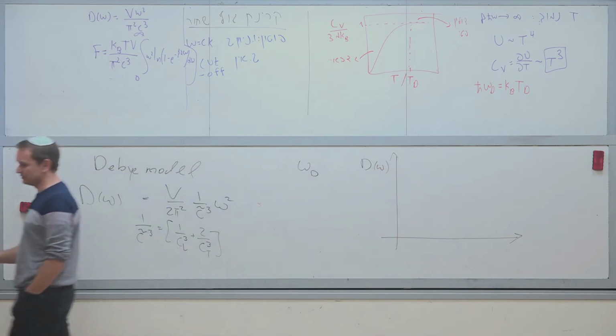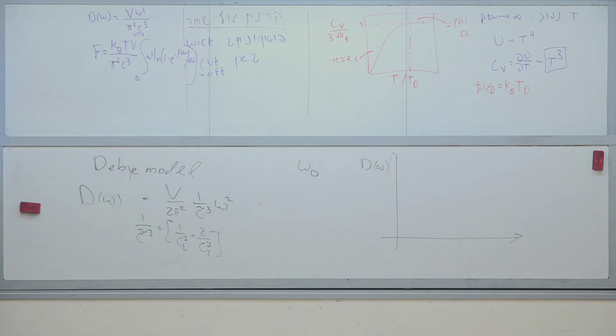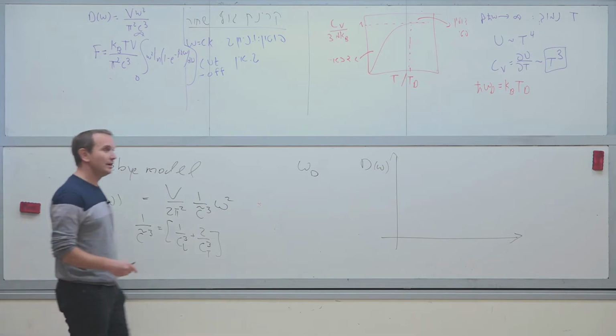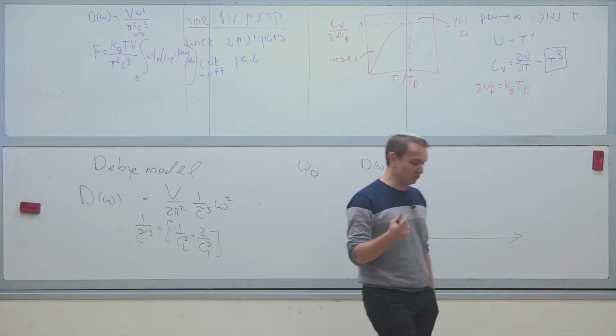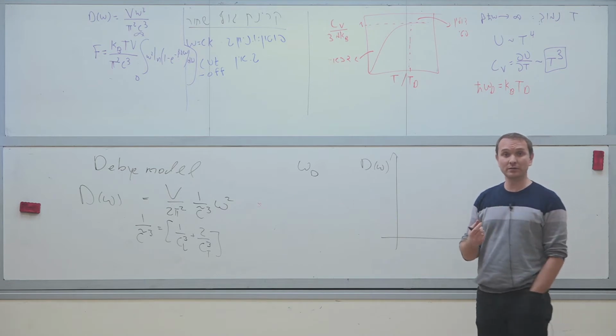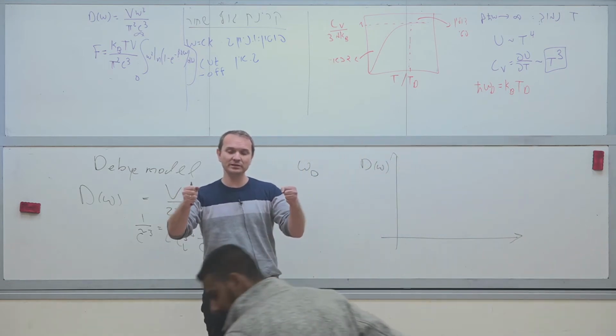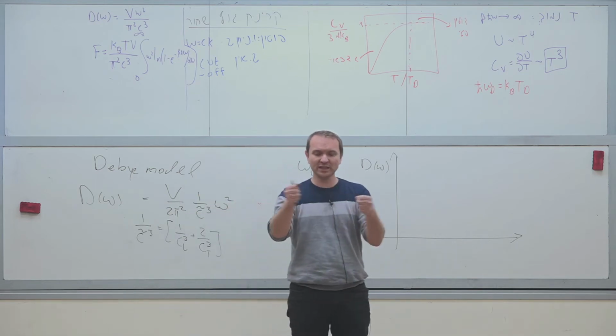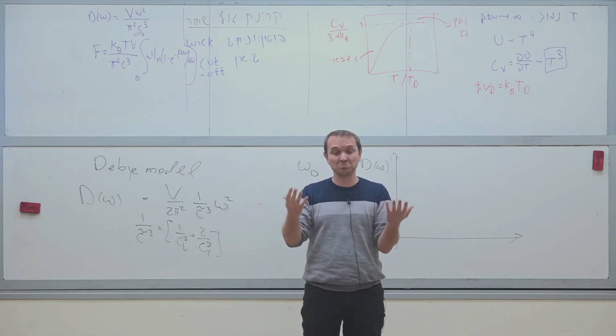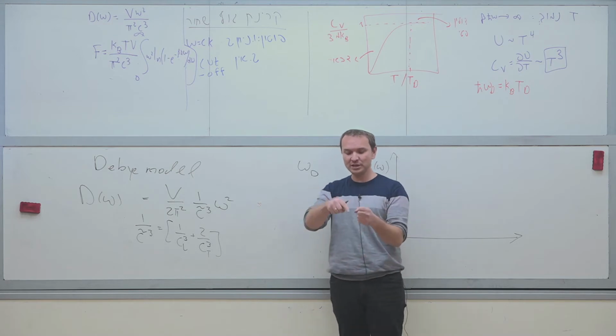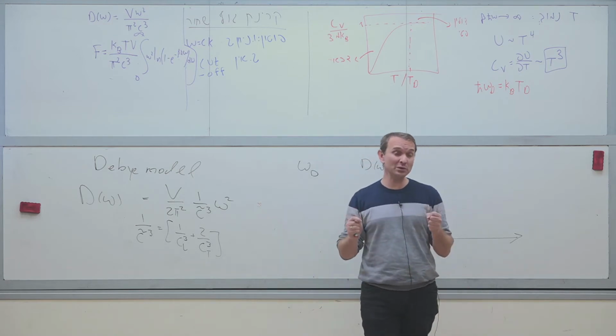But we had a cutoff. Remember, the cutoff appeared due to the assumptions of Debye, based on the following fact. We are looking at waves inside matter, and at some point we have an interatomic separation. So there is nothing that can oscillate or perform a wavy motion in between the atoms.